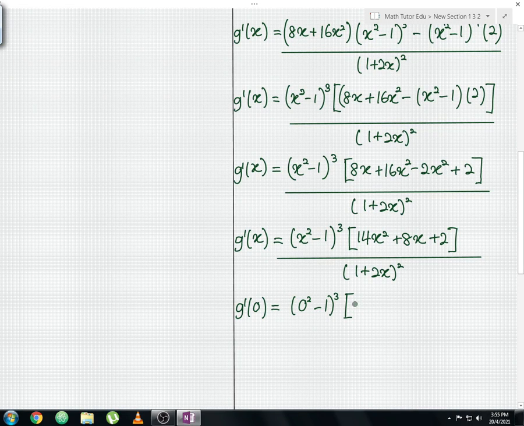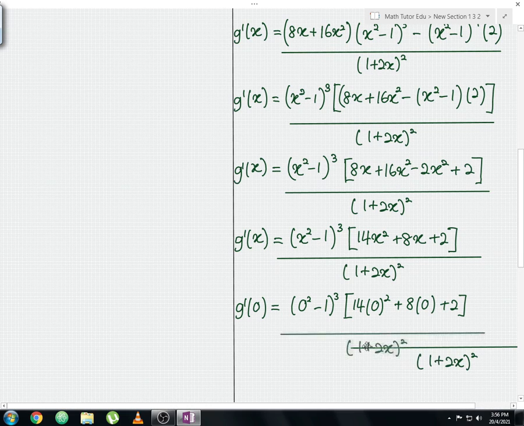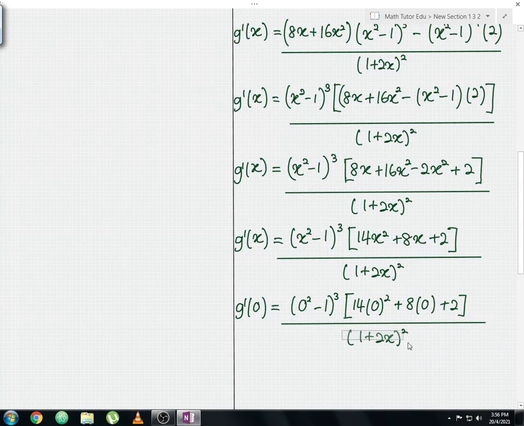Let me write this properly: 14 times 0 square, plus with 8 times 0, plus with 2, close bracket. And then you divide with 1 plus 2 times 0 square. You solve this.